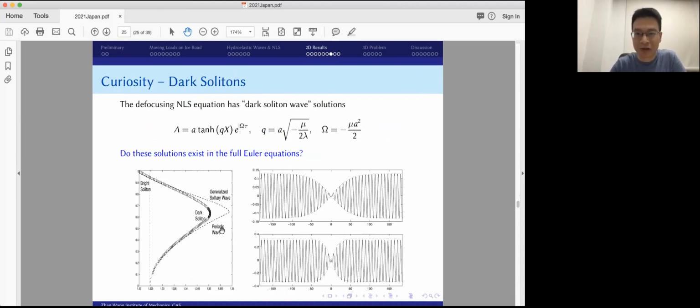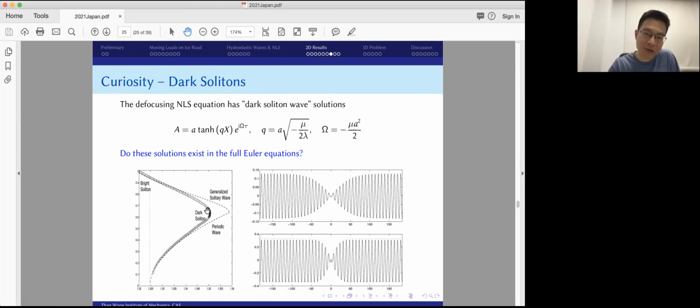And finally, I will say something about the dark solitary waves, because in deep water for hydroelastic waves, the NLS is a defocusing NLS. Defocusing NLS predicts the existence of dark solitary waves. So the question is, can we find the dark solitary wave in the full Euler equations? The answer is yes, you can find dark solitary waves in the full Euler equations, and the bifurcation is very similar to the bifurcation of the bright solitary waves, because it bifurcates from the minimum of the phase speed, the critical speed, and then it exists in the supercritical case, and there is a turning point for the dark solitary waves.